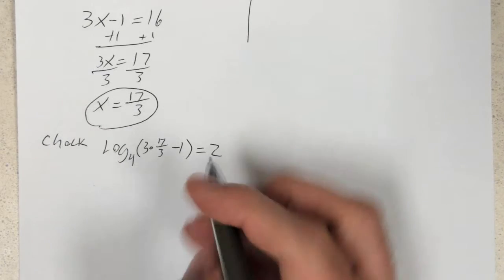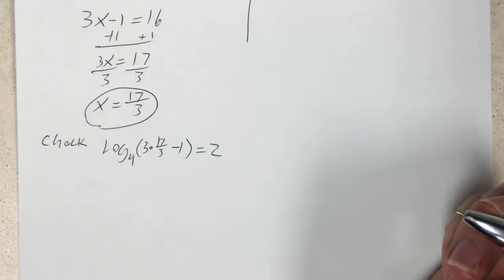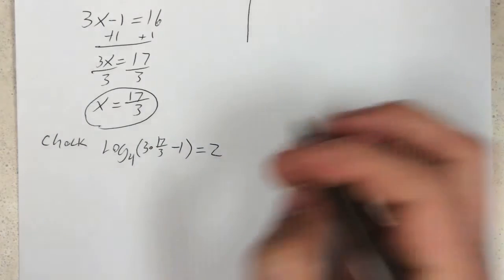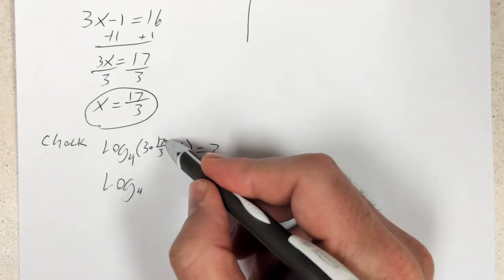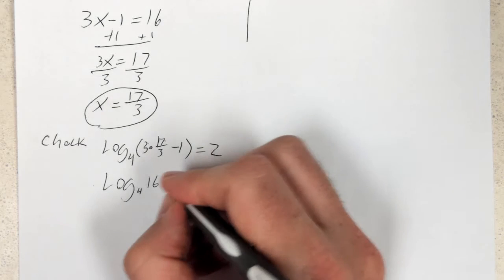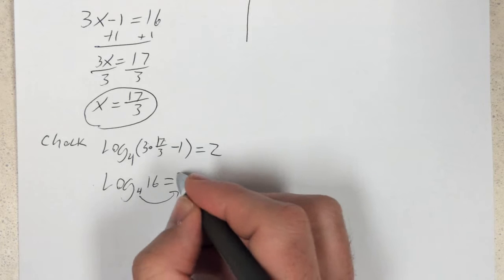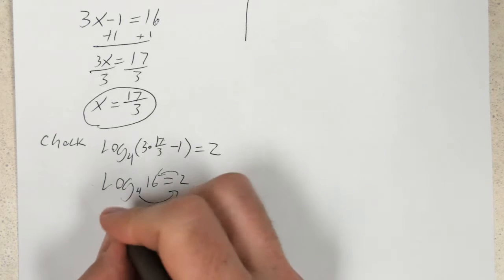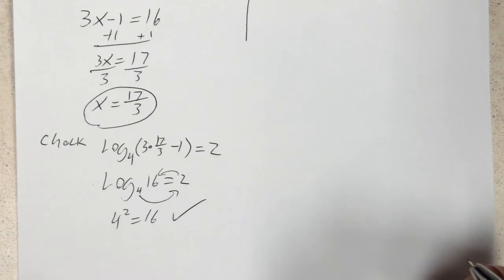And 17 divided by 3 times 3, well, anything multiplied and divided by the same thing, that would give us log base 4 of 17, and then 17 minus 1 is 16. And so if we turn it into an exponent, 4 squared is equal to 16. Is that true? Yes, it works.